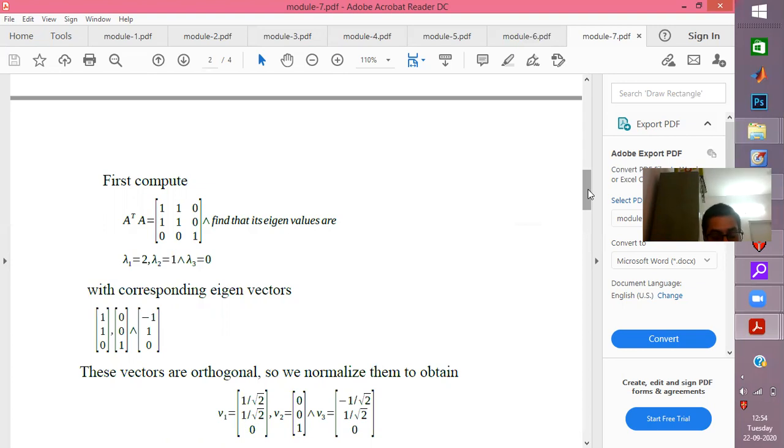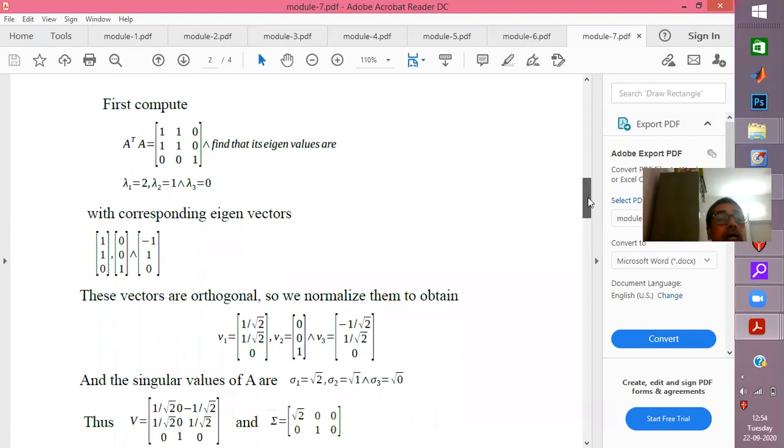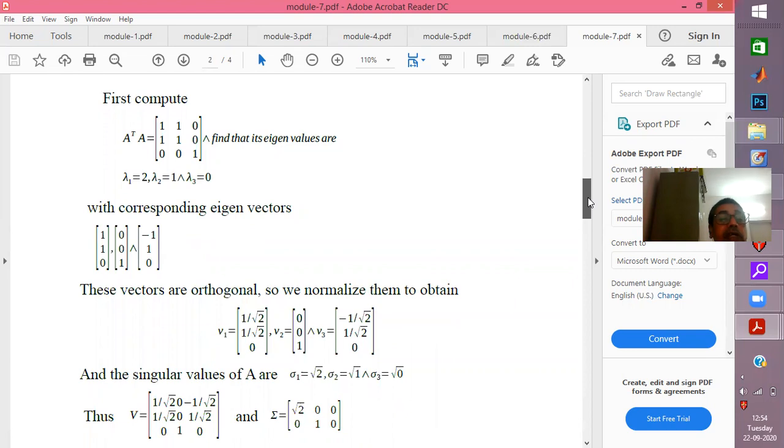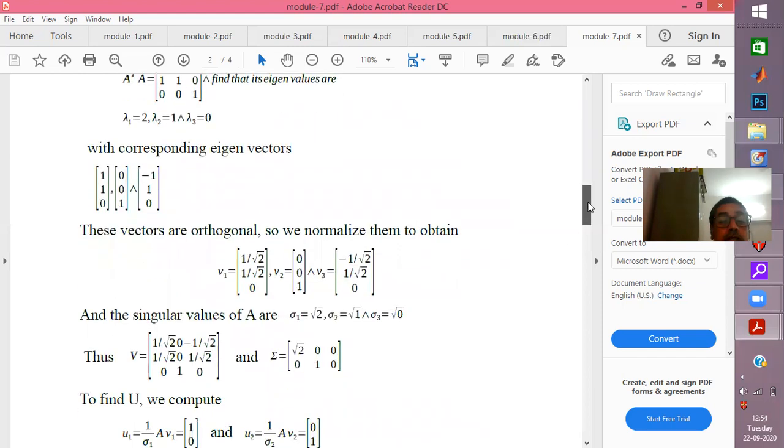You start with A transpose into A. Of course, it will be positive semi-definite at least, and then get the eigenvalues. You'll get 2, 1, and 0. The corresponding eigenvectors will be 1, 1, 0; 0, 0, 1; and minus 1, 1, 0. Gram-Schmidt is really not required because 2, 1, 0 are all distinct eigenvalues, so the vectors will be mutually orthogonal naturally.